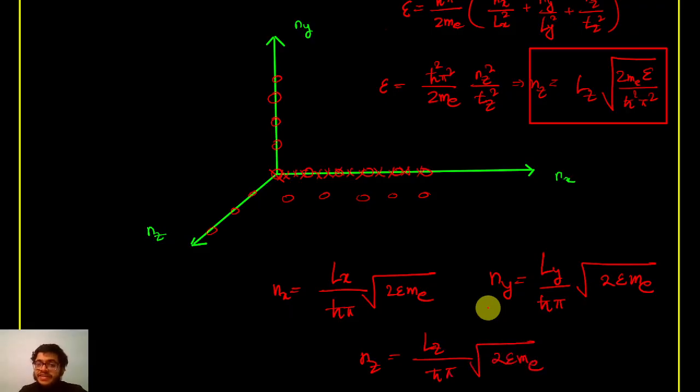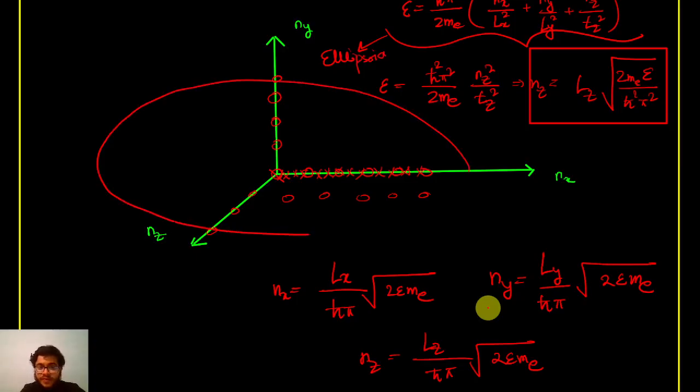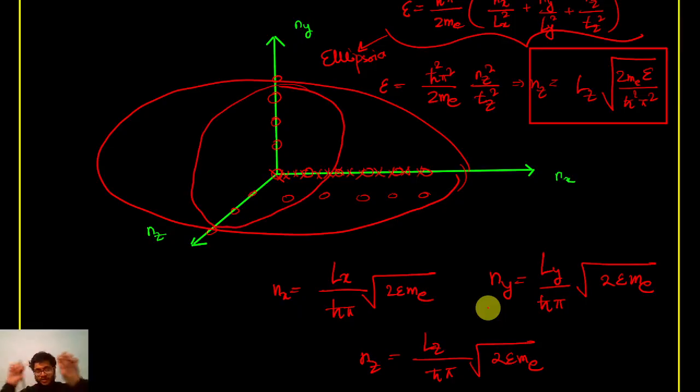And we can see that this is an equation of an ellipsoid. An ellipsoid is an ellipse but 3D. It's like a balloon. It's an ellipse in every plane, a sphere but elongated on some sides.